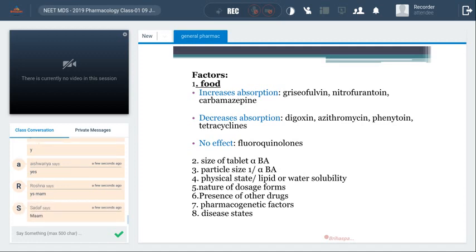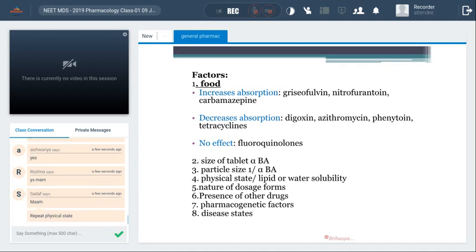Physical state, which means either the drug is more lipid soluble or more water soluble. See, the better the lipid soluble, it can easily cross the membranes, whatever barriers, and it can reach the systemic circulation. So better lipid soluble, better is a bioavailability. But for excretion, it differs. Don't remember the same principle for excretion.